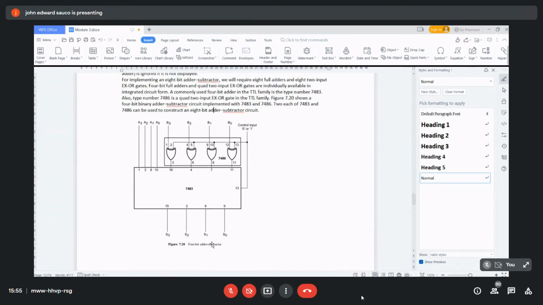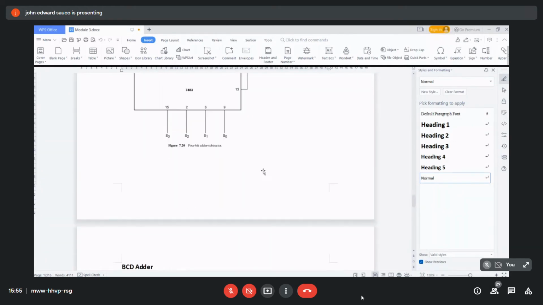Ayan. 4-bit adder-subtractor circuit. Okay? So, ayan yung nasabi na yung adder mo is gawin mo subtractor dahil sa tulong ng control inverter.